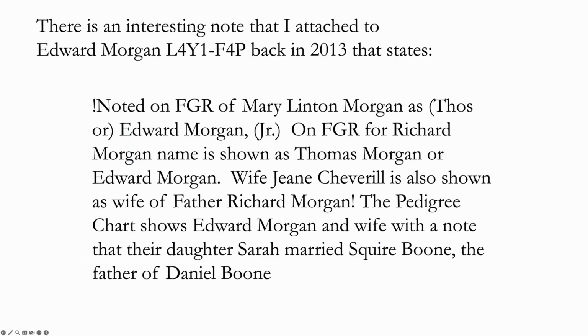And I had an attached note to Edward Morgan back in 2013, and I'll just say that I didn't find any source, and apparently someone put him in an attempt to show that we were related. The Morgan line was related to Sarah Boone, who was Sarah Morgan Boone, and who married Squire Boone, who was the father of Daniel Boone.